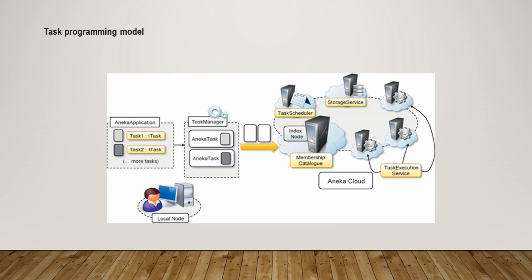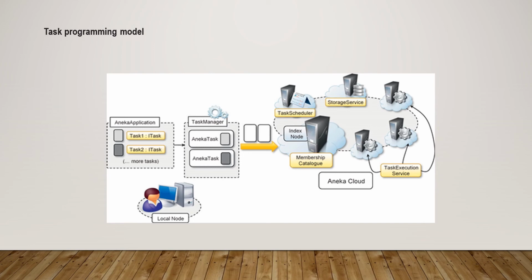It provides a minimum set of APIs, that is application programming interfaces, that are very much needed, like the ITask interface. These interfaces, along with the services supporting the execution of tasks in the Aneka middleware, are the core feature of Aneka middleware.